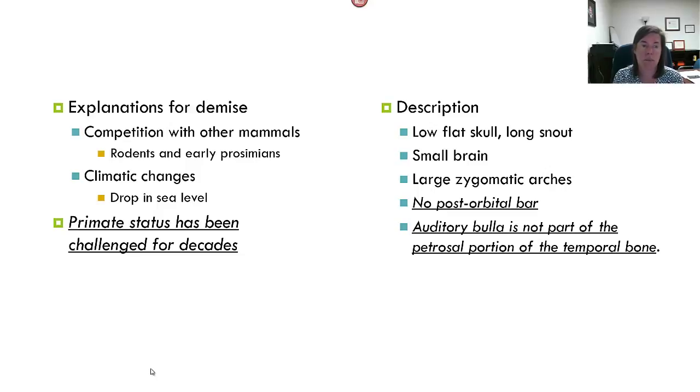A second hypothesis is climate change, that there was a dramatic drop in sea level during this time, and perhaps the drop in sea level caused some environmental changes that the plesiadapiforms were not able to adapt to. As I noted, their primate status has been challenged for decades.